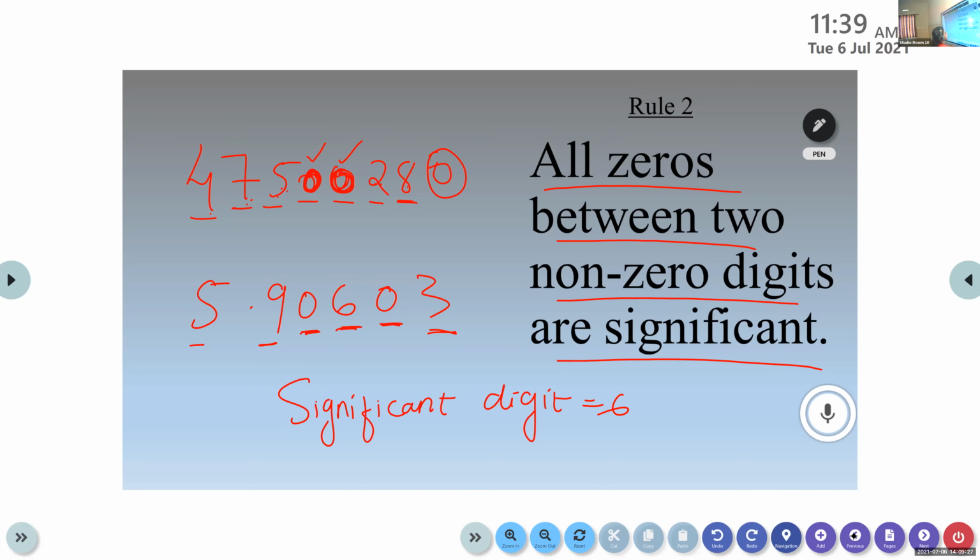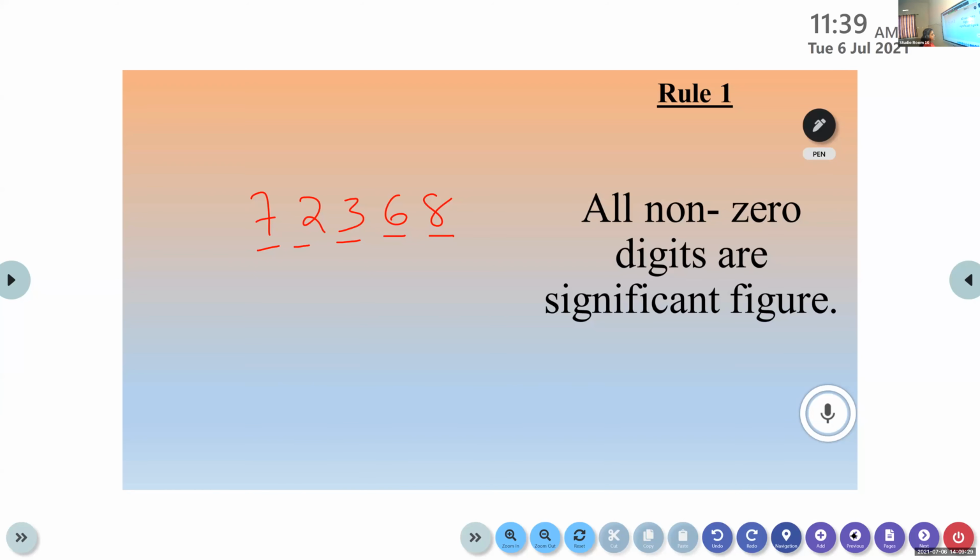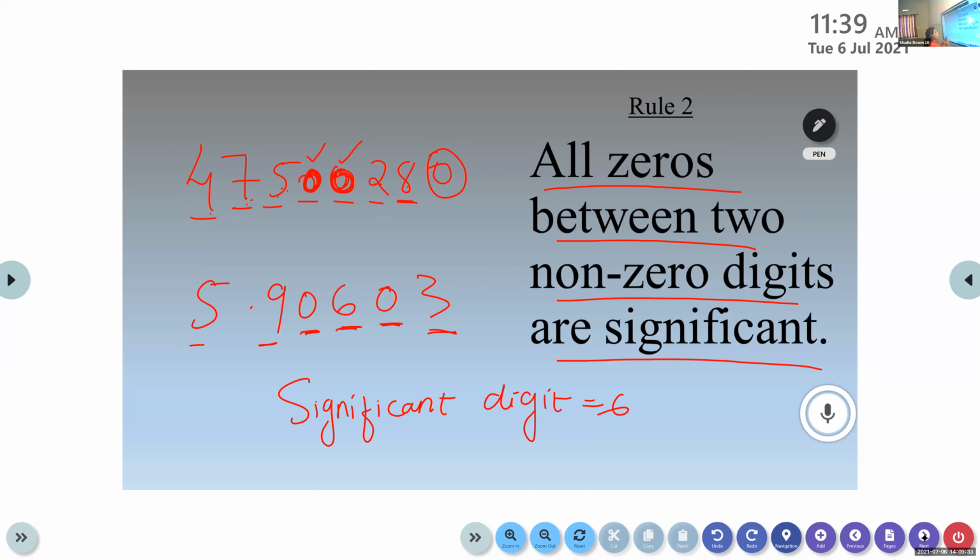According to our first rule, all non-zero digits are significant digits. Then by the second rule, all zeros between two non-zero digits are significant. Okay, can we move to the third rule? Yes, ma'am.